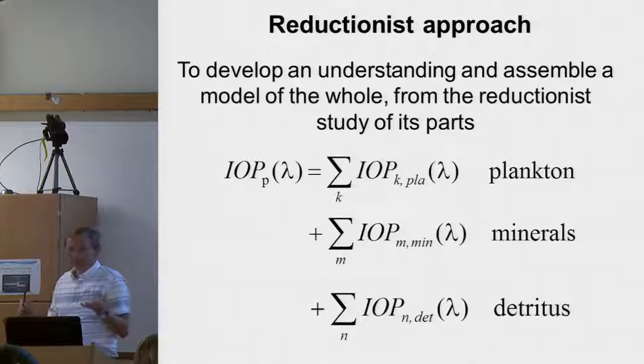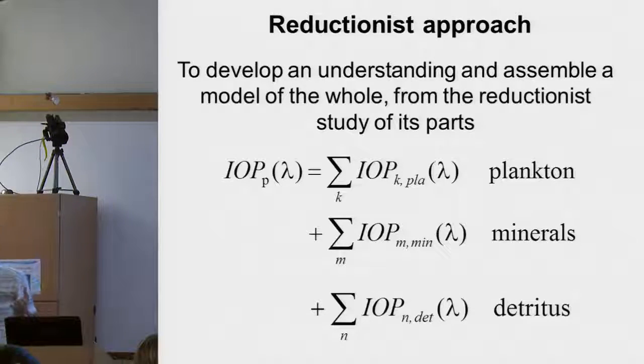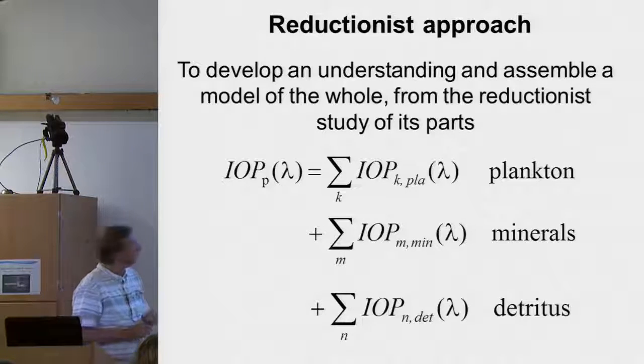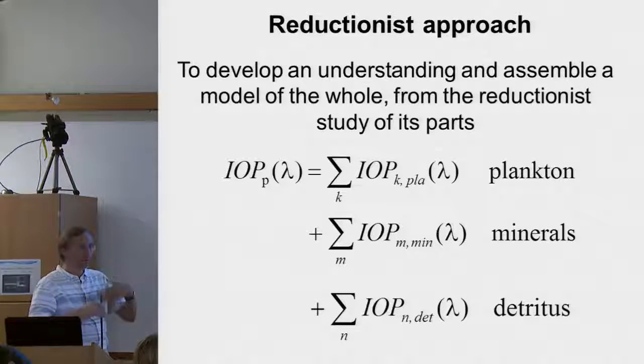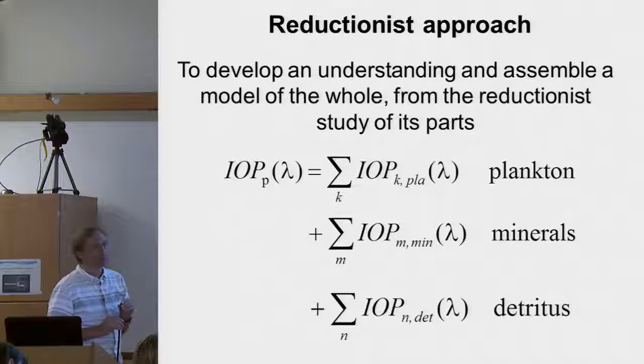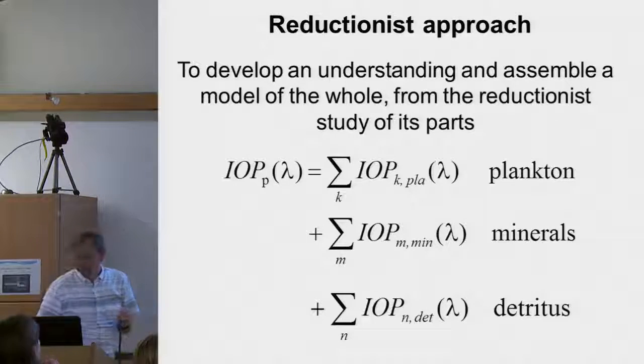So if we're able to define categories of particles, and I will focus on particles, not dissolved materials, in some meaningful way, perhaps optics in the future can play an even bigger role than it does today for understanding ocean biology and biogeochemistry.